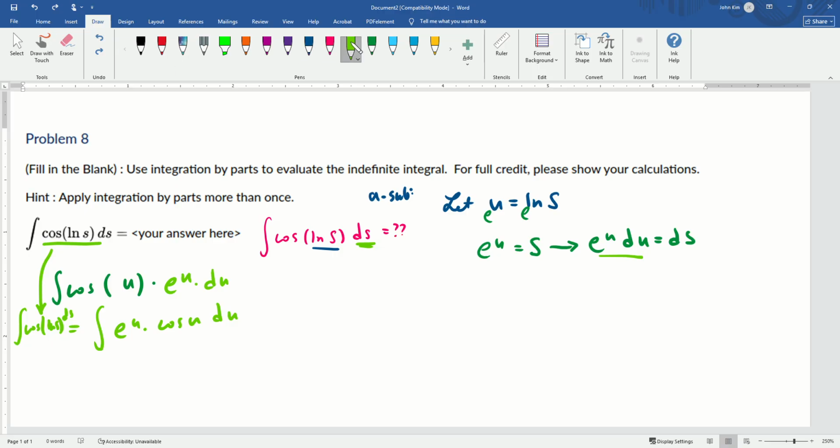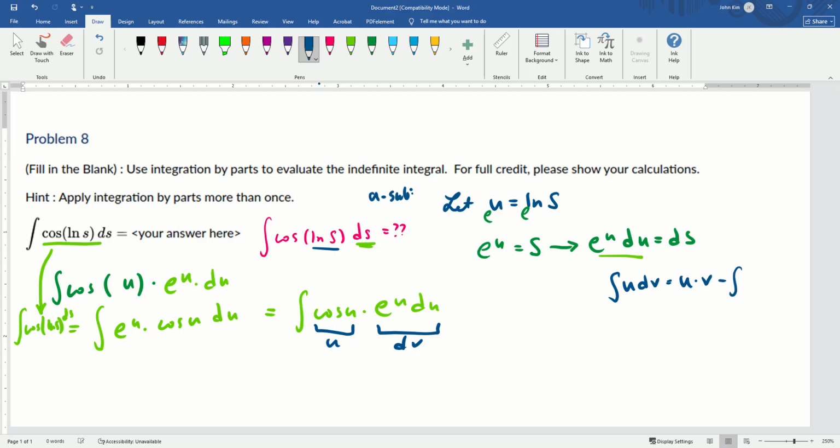That should equal integral of cosine of u times e to the u du. Here we go. That's our u right there, and that's our dv. Using integration by parts, integral of u dv is equal to u times v minus integral of v times du.